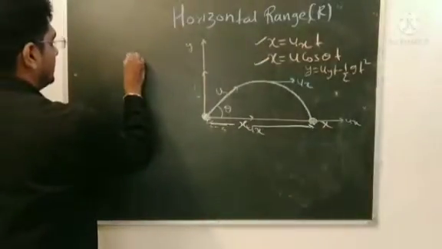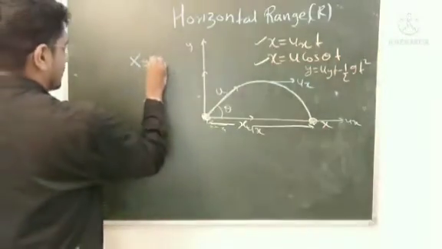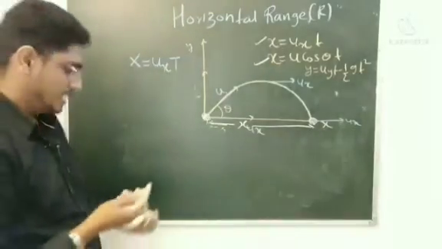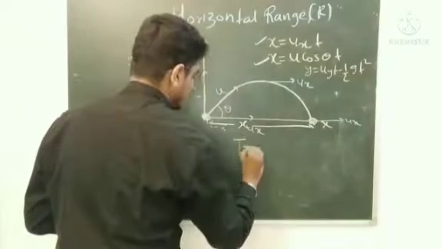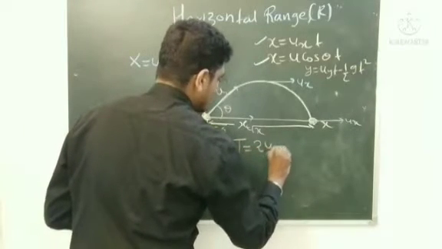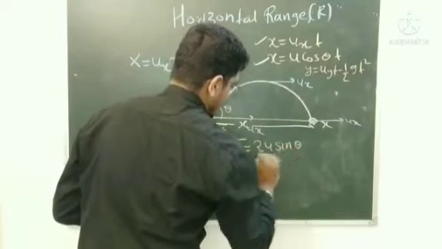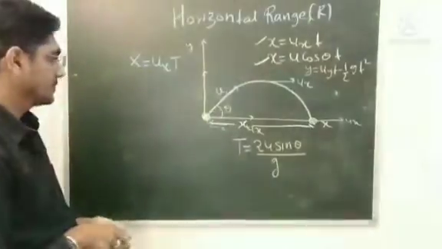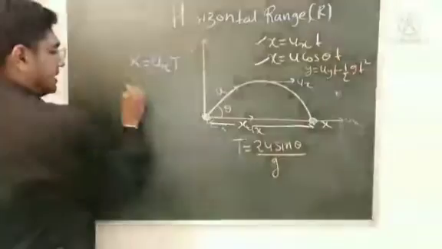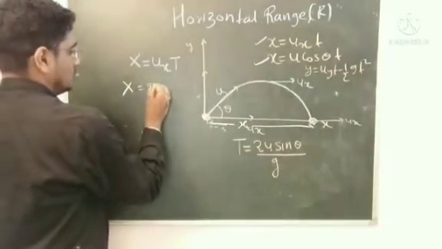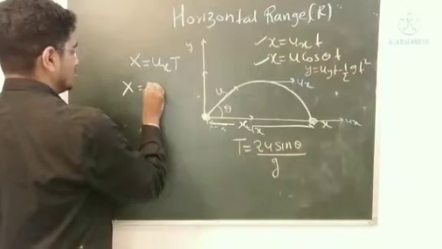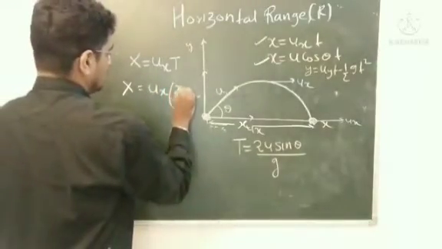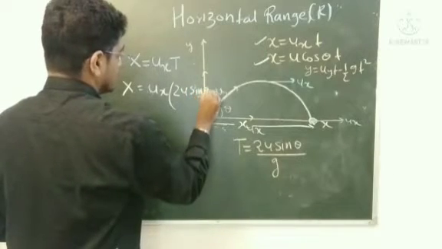Now what we can write is x equal to ux into capital T. In place of T, we put 2u sin theta by g, because T is nothing but 2u sin theta by g.